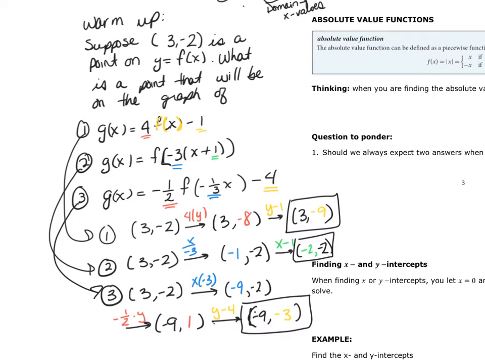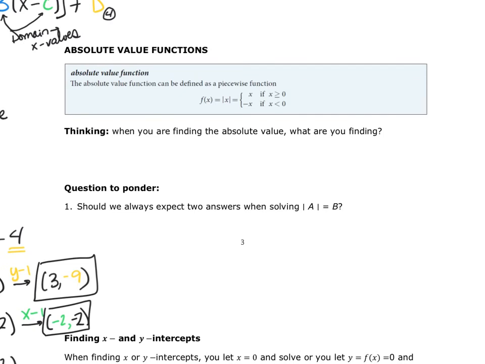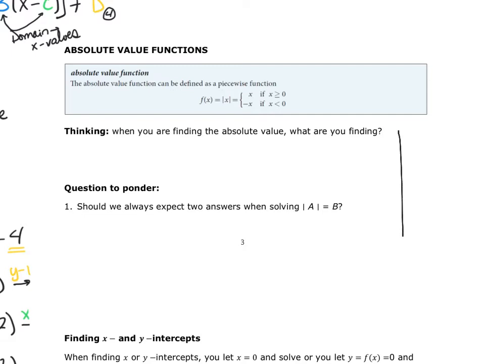Okay, so now let's get to what we were doing today. What we are doing today is the absolute value functions. We're going to transform these, we're going to graph these, and we're going to find the x and y intercepts. So when we're doing the absolute value function, if you remember, this is one of our parent functions. It's like a piecewise: on the right side of 0, the line coming out of it is the line y is equal to x.